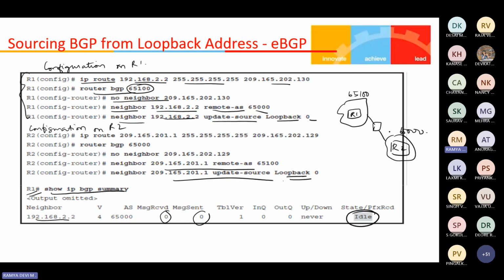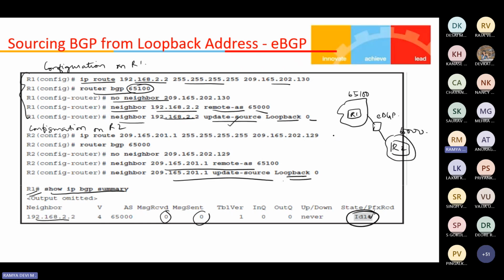So when R1 and R2 are forming an eBGP connection with the help of loopback addresses as the source, we'll be using the neighbor command together with the update source command. Even if they are configured correctly, the BGP session stays in the idle state. Why does it stay in the idle state? Because for eBGP sessions, direct connectivity with a TTL of one will be used.